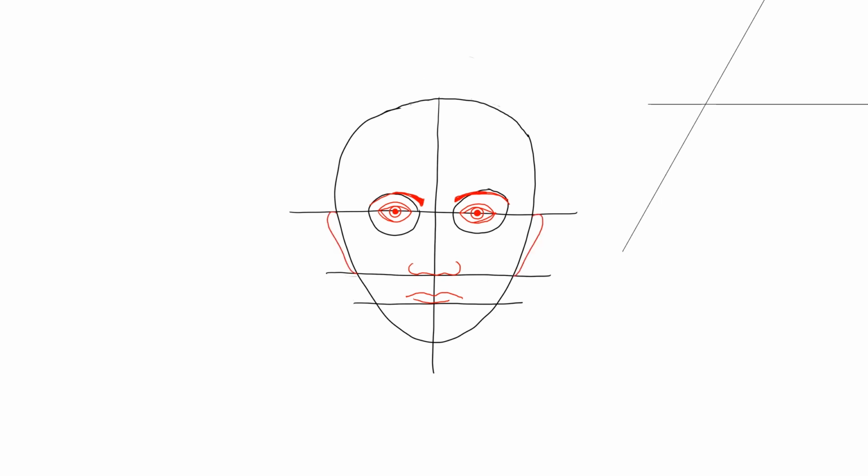Generally speaking, your ears will fall on the outside of the head, between the space of your eyes and your mouth. Basic shapes are more than enough, and you don't need to go into too much detail.